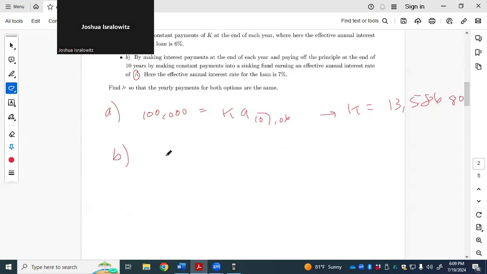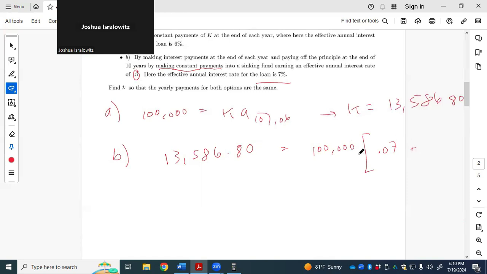But just using the formula strictly speaking, when we have constant payments into a sinking fund, and we do, because I'm telling you we do. And again, I'm going to use what I stored. So the formula is the loan amount times the loan interest rate, I'm telling you is 0.07.